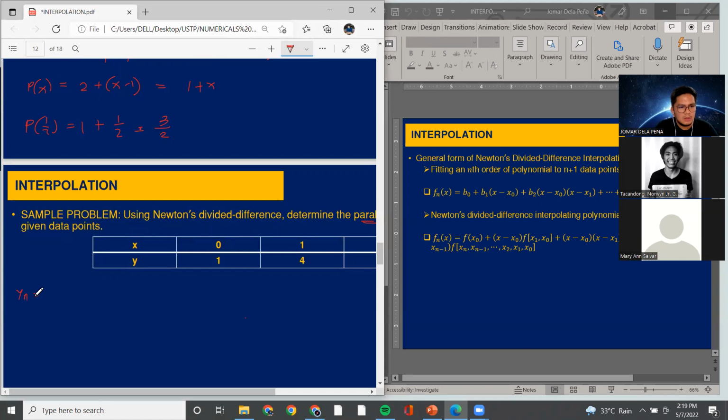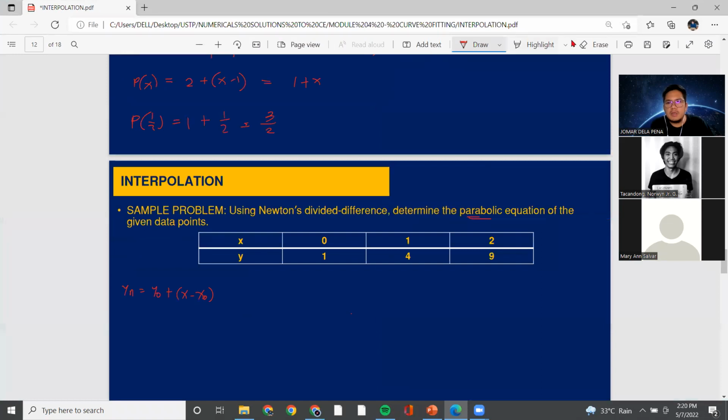Y sub n is equal to y sub o plus x minus x sub o times, no? Okay, ito na lang so na formula kay mas malibog mo unsa nga y atong ginapangita.